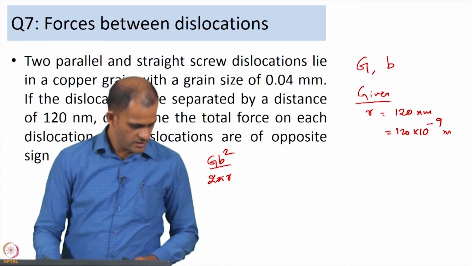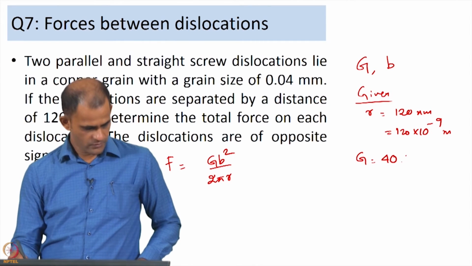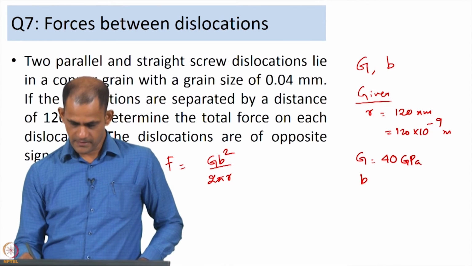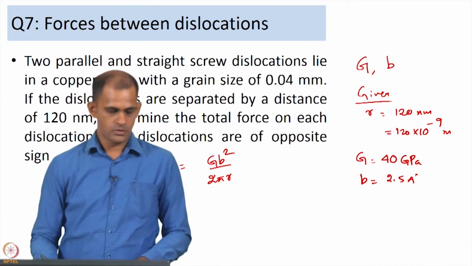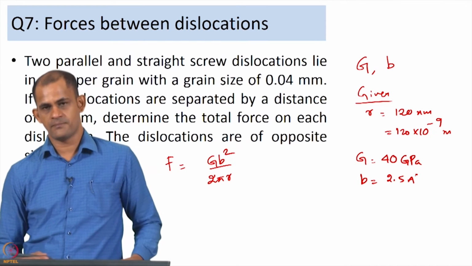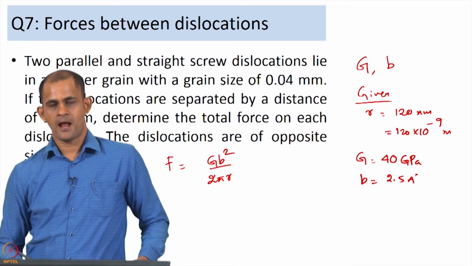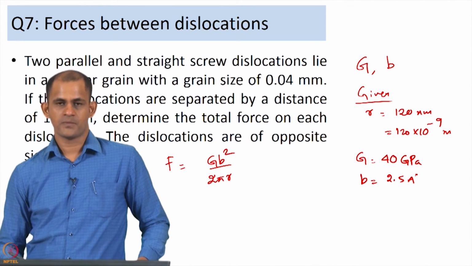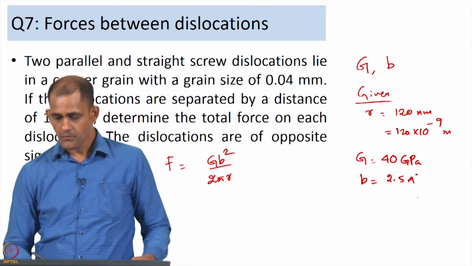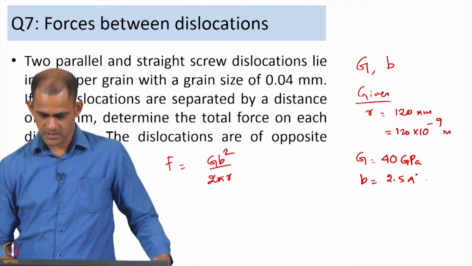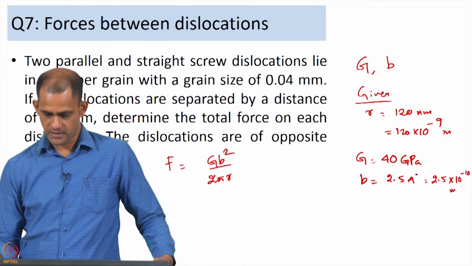For copper the shear modulus G is 40 gigapascal and the Burgers vector is 2.5 angstrom. The Burgers vector comes about from the crystal structure. Copper has an FCC crystal structure and you can find out the Burgers vector from the lattice parameter of copper, and so it is 2.5 angstrom, which is equivalent to 2.5 into 10 to the power minus 10 meter.